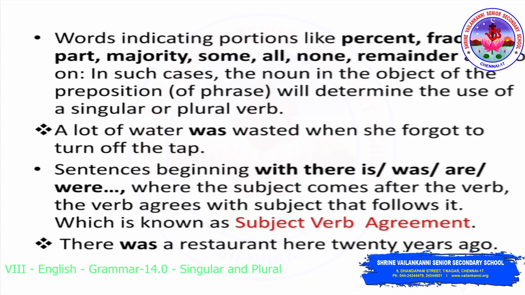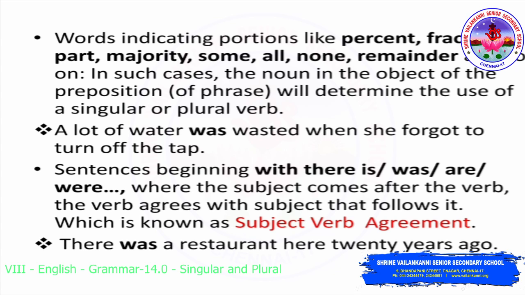Next. Sentences beginning with there is, there was, there are, there were. Just now we saw about this, where the subject comes after the verb, and the verb agrees with the subject that follows it, which is known as subject-verb agreement. What do you mean by subject-verb agreement? The subject will agree with the verb.